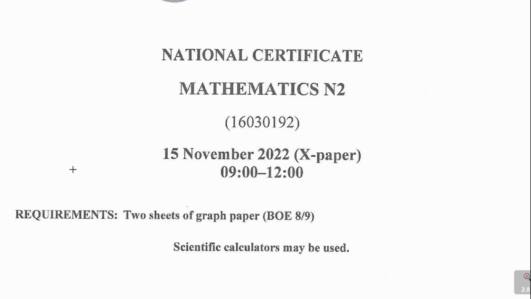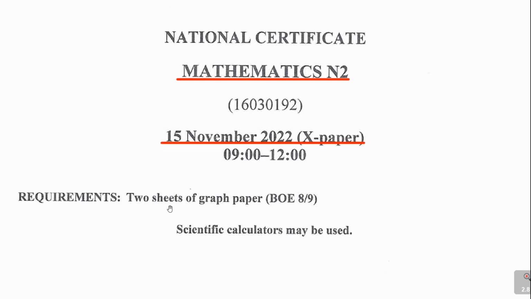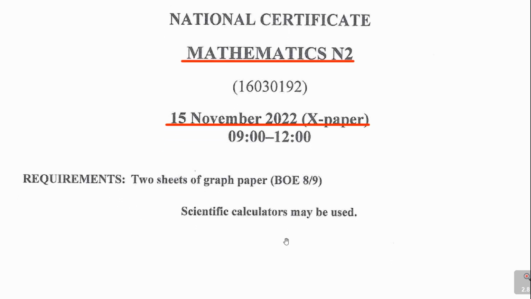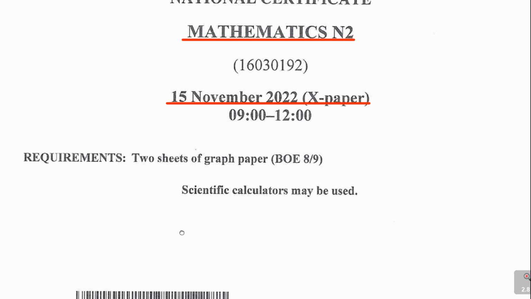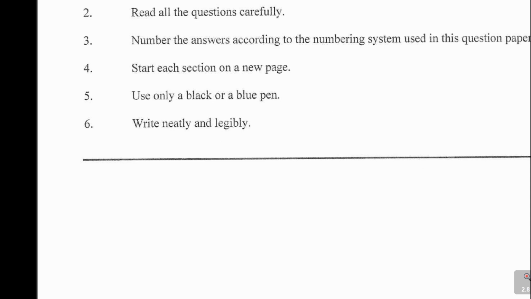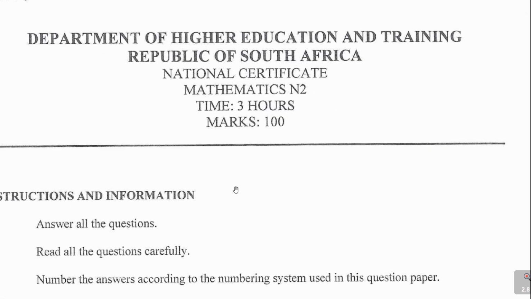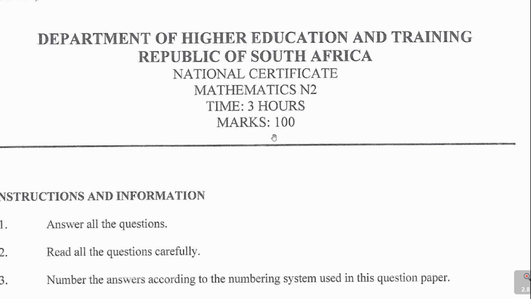Now, this is one of them where I'm looking at this paper, as I said. And if you wrote this exam, just see how you fared in that exam. It was a 3-hour paper, and it says you need 2 sheets of graph paper. But if you are preparing for your next exam, that is fine. Use this video. It can actually become very handy as you check out how the examiners are bringing these questions.